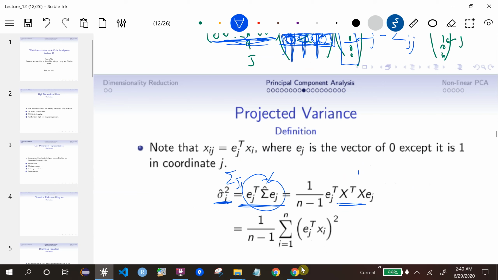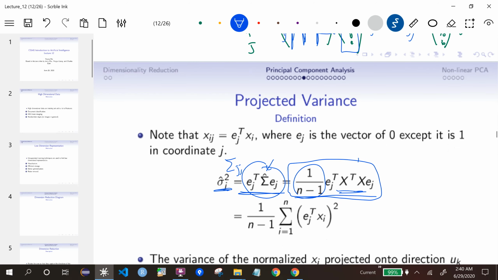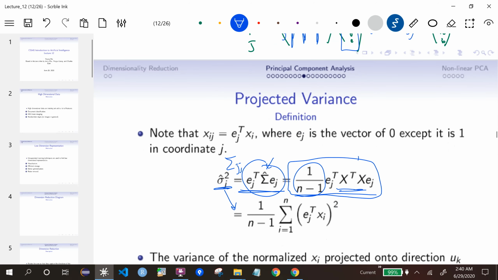So just put this in, remember there's a constant in front. And then we have an expression like this, purely in matrix form, as multiplication of matrices.